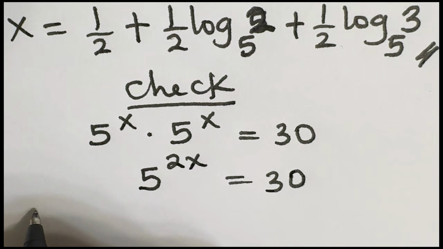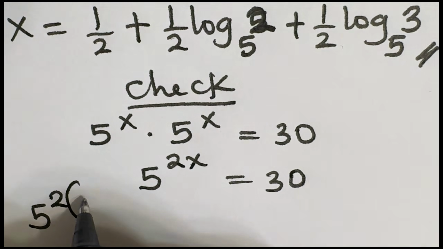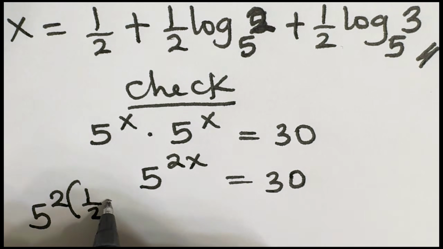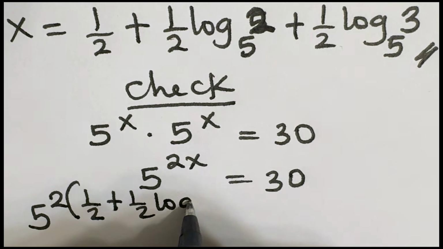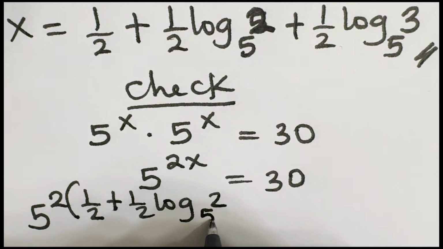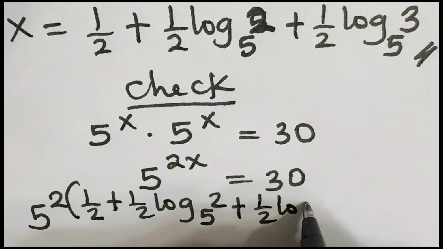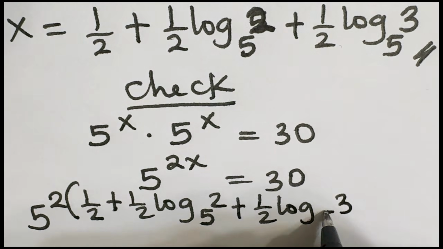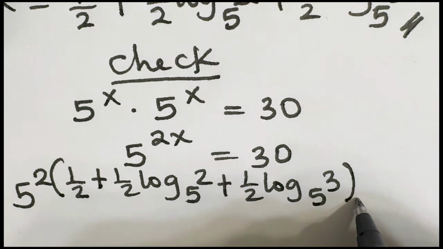So we have 5 raised to power 2 into (1 over 2 plus 1 over 2 log 2 base 5 plus 1 over 2 log 3 base 5) to give us 30.